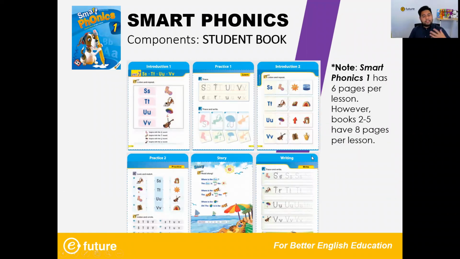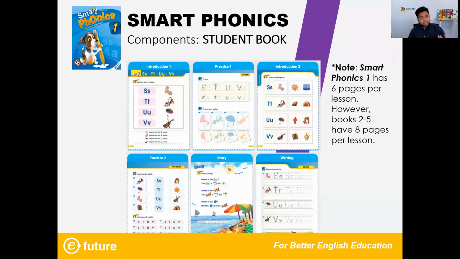And this is the lesson flow of the student book. We always have the introduction, the beginning, and then some practice, and then introduce a little more, then practice. Each unit will have a story.